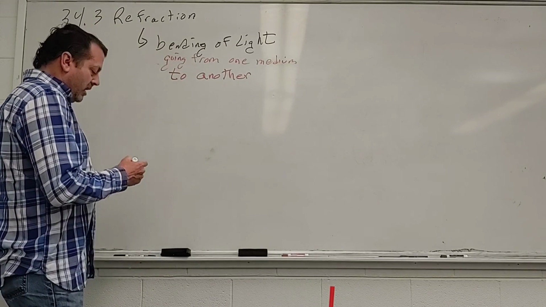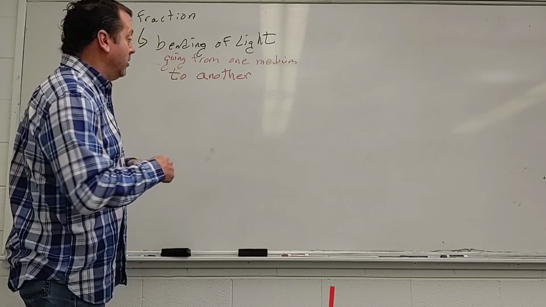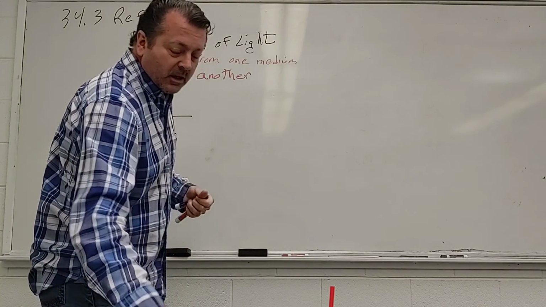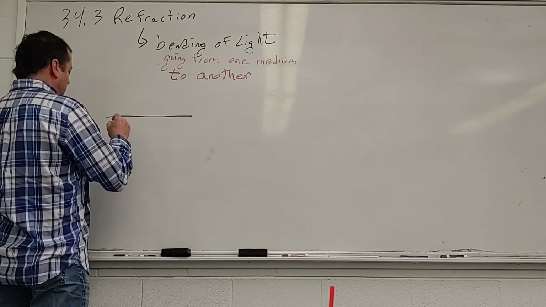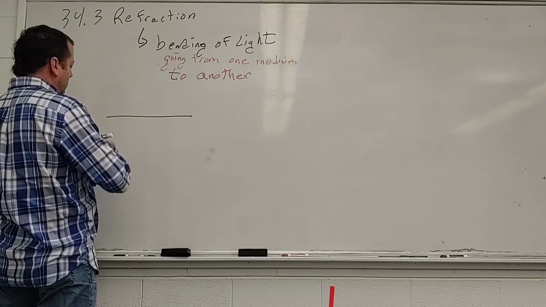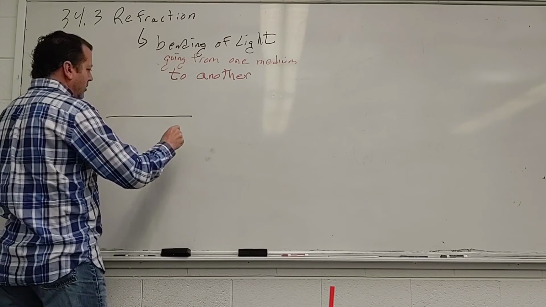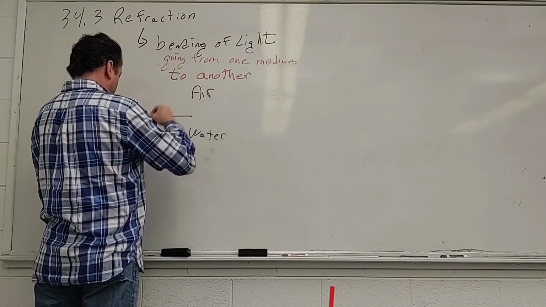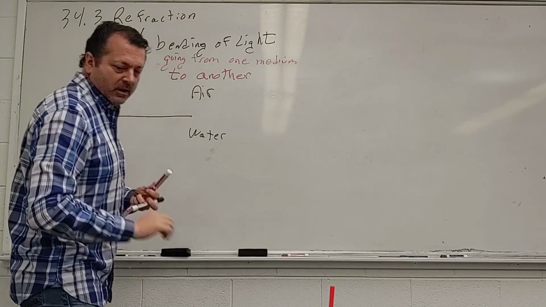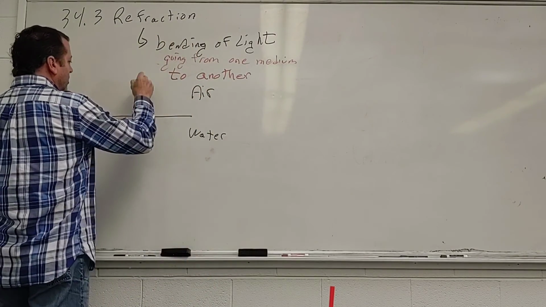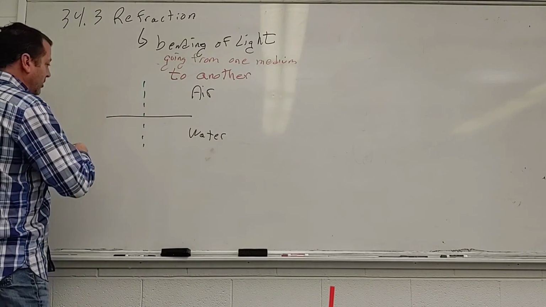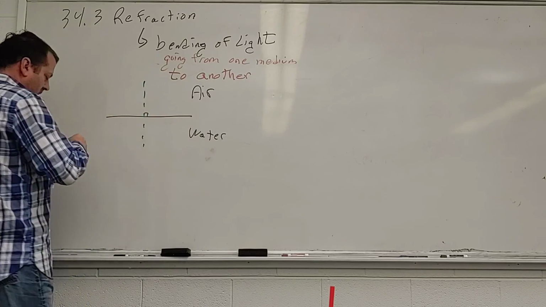Okay? And what we saw, and the Greeks saw this, is that if you have light, and let's make this water, and this is air, relative to the normal, got to be to the normal. The mathematics works.